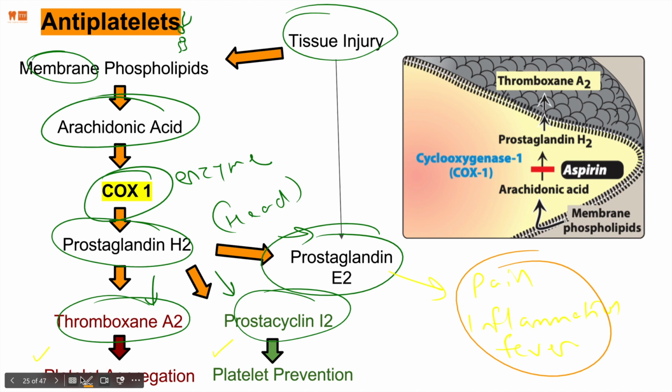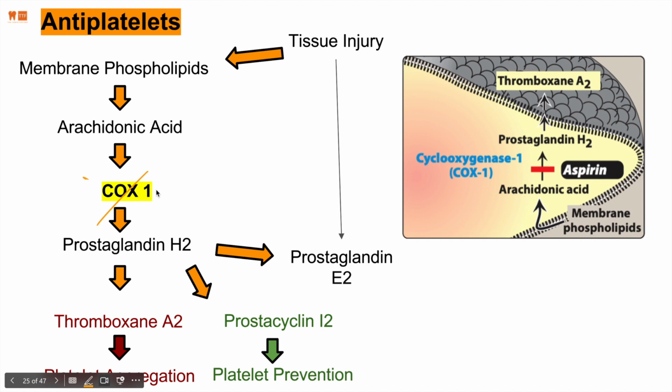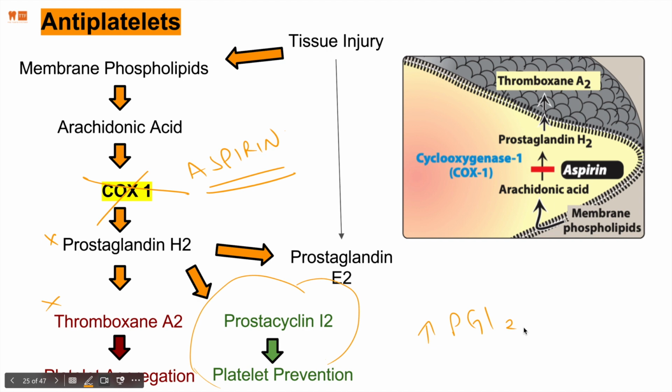So why this story? What if I tell you I'm going to block this with aspirin? Then there's no head, no children, no thromboxane A2, but because some activity still exists, prostacyclin gets activated, and therefore it increases prostacyclin activity. Fair enough?